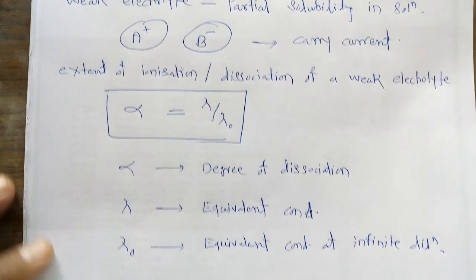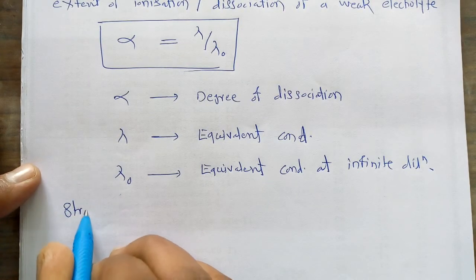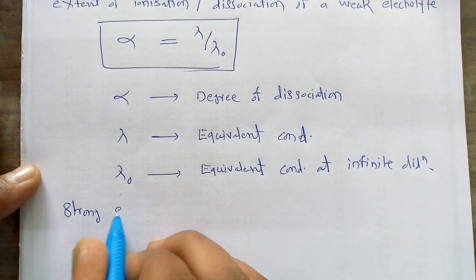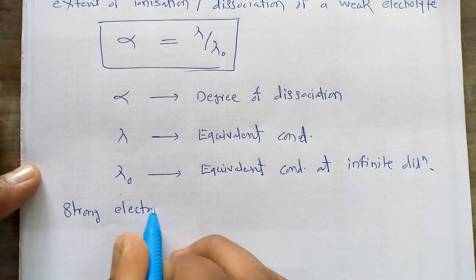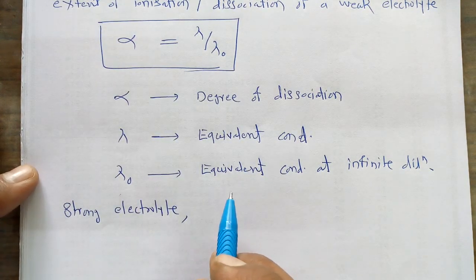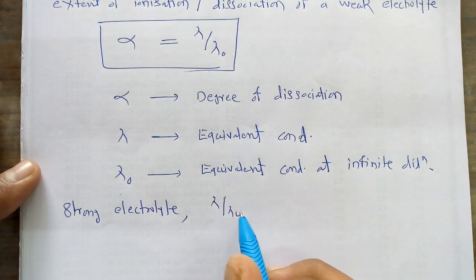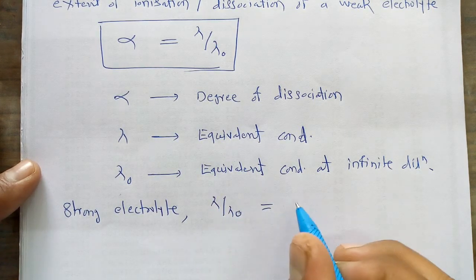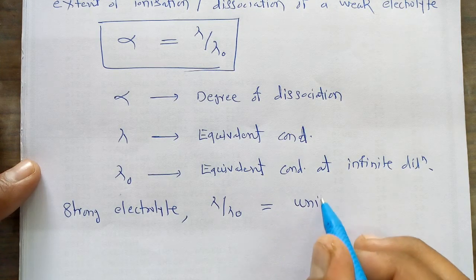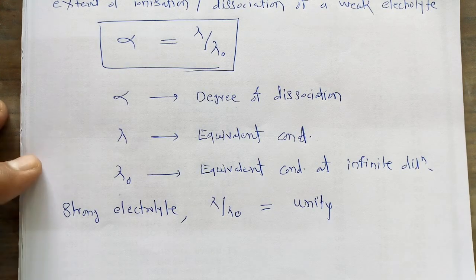In case of the strong electrolyte, the ratio lambda upon lambda 0 is equal to unity. Why is this so? Because the strong electrolyte has the maximum stability in a given solution.